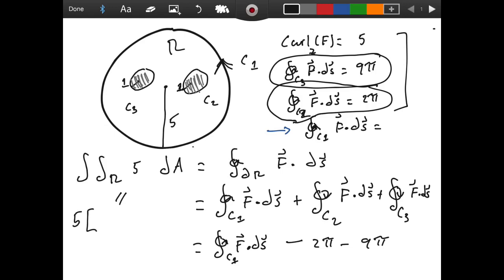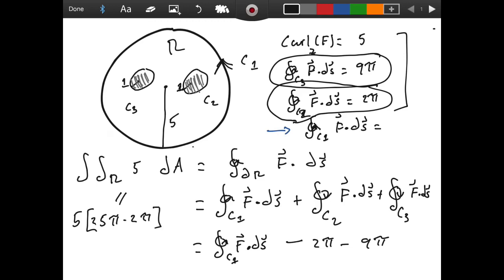The area of the region is the area of the big circle, which is 25 pi, minus the area of the smaller two circles. Well, the area of each of the smaller two circles is pi because they're unit circles. So this is minus 2 pi.